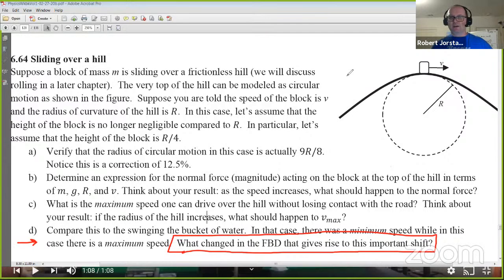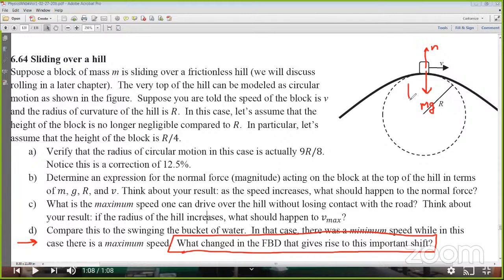When you swing the bucket of water versus this one, what was the difference in the FBD? Did the coordinate system flip? Nope. Just the normal force, right? The normal force flipped.